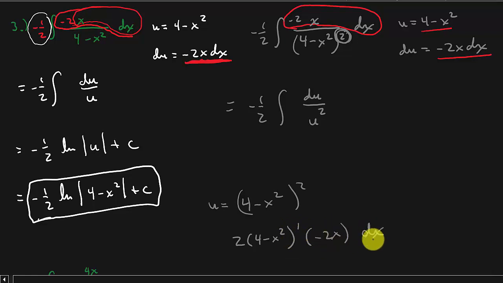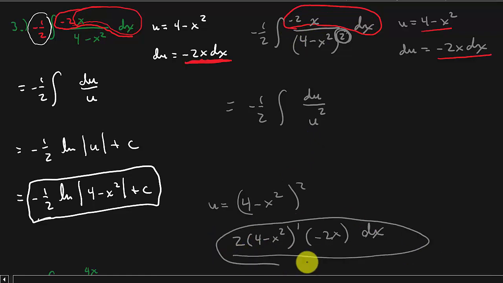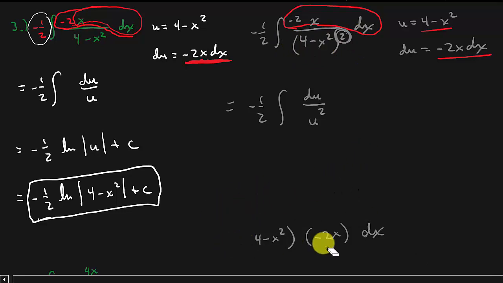That's what I would have if I did that. And you can see clearly that the x dx, that's not even close to that. So we're letting u equal what's inside the parentheses, not the entire denominator. So don't just think because it's a fraction that it's going to be natural log.